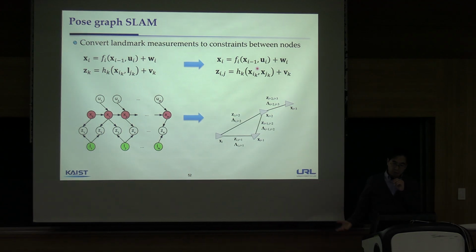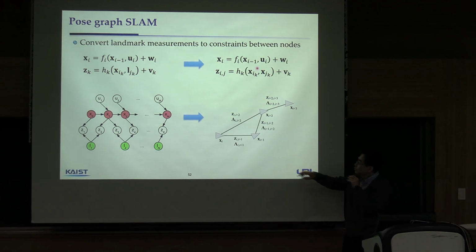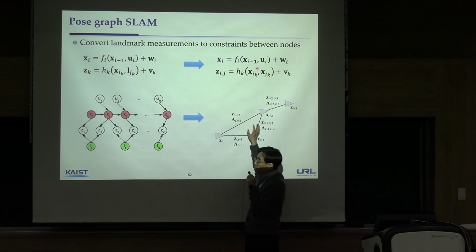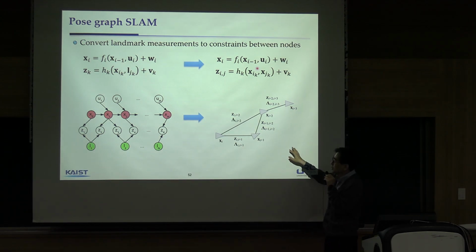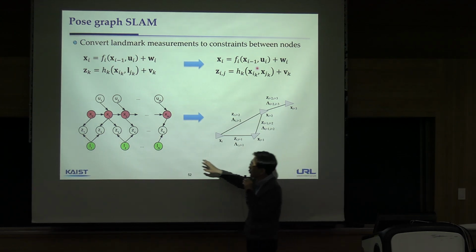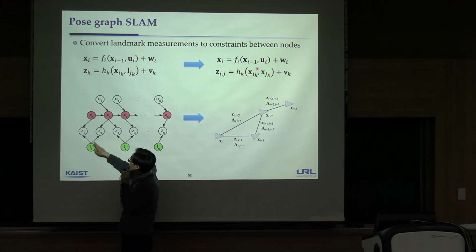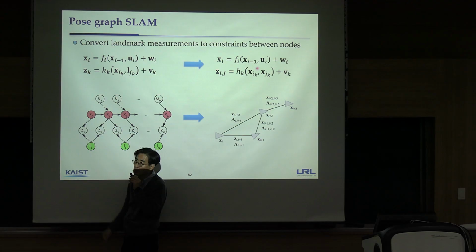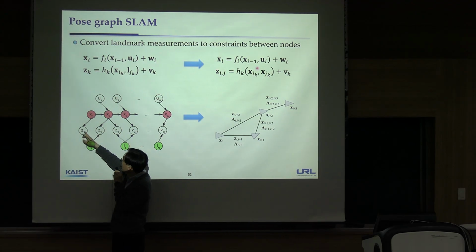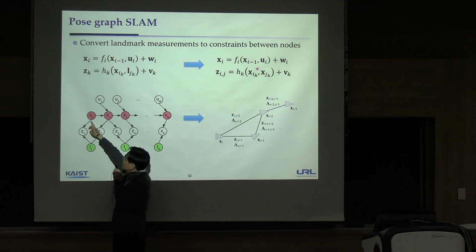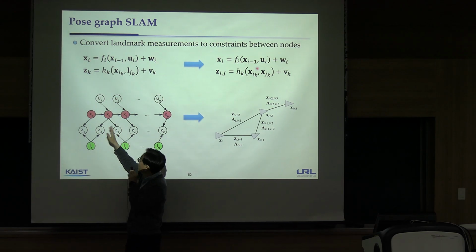So people had the idea that we can transform this to a very simple graphical notation like here. Because if you have observed L1 twice, at x0 and x1, we can have the relative transformation between x0 and x1.